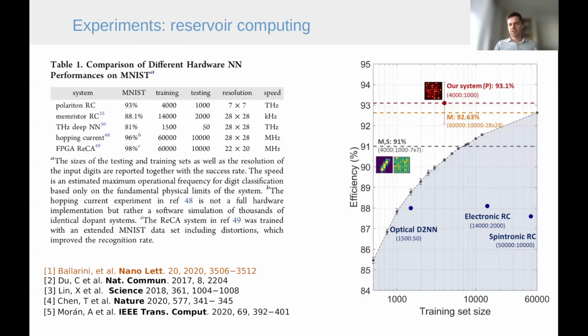And usually it works fine, but not perfect. So sometimes it's preferable to have so-called in situ training, so to use the experiment during the training phase. There are a number of training methods for this kind of in situ training. For example, there is a recent review article on this.